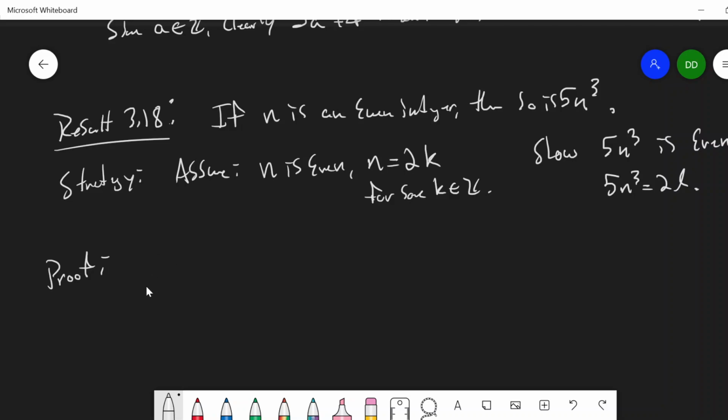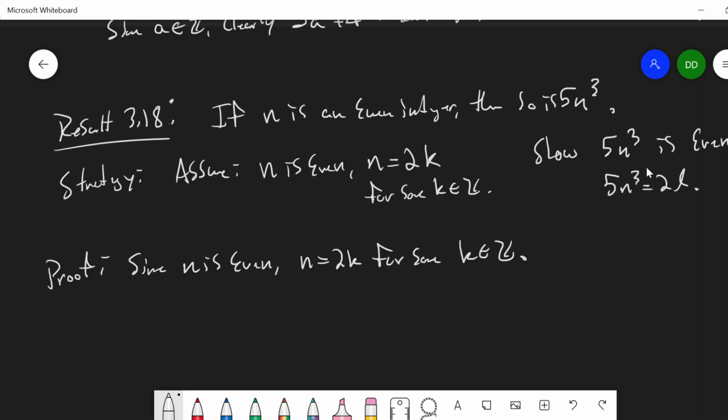But oftentimes when we're proving something, that assumption is so obvious that the reader knows you're going to assume n is even, and so we don't even say that. We just say, since n is even, n equals 2k for some integer k.